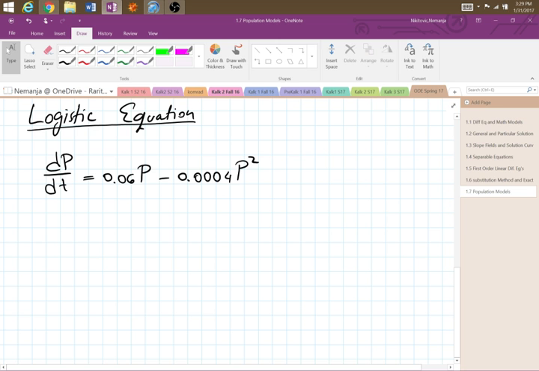Instead of working out partial fractions with 0.06 and 0.0, let me see how much math you know from third grade.